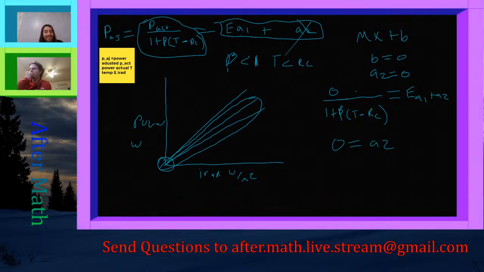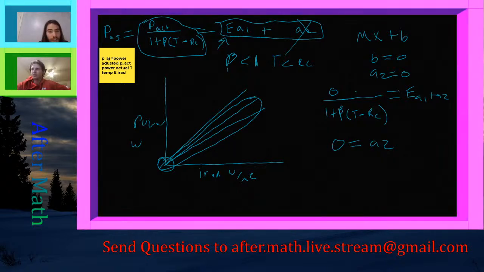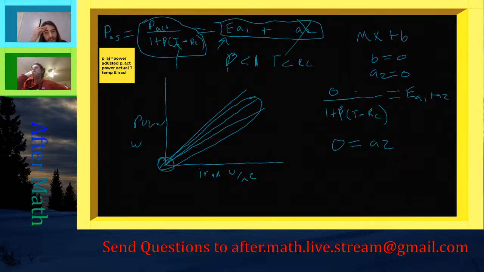This is where my big complaint is coming in. This graph right here shows that the power is a function of irradiance, E. So this top part should be a function of E. But the problem is that down here we have a function of temperature.